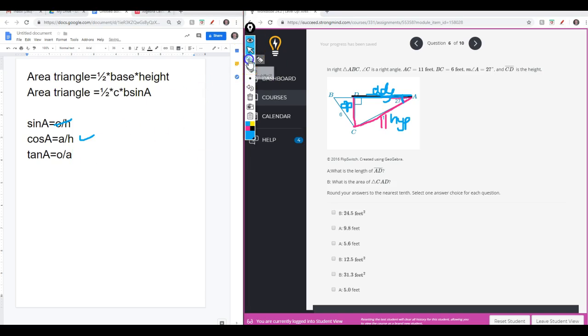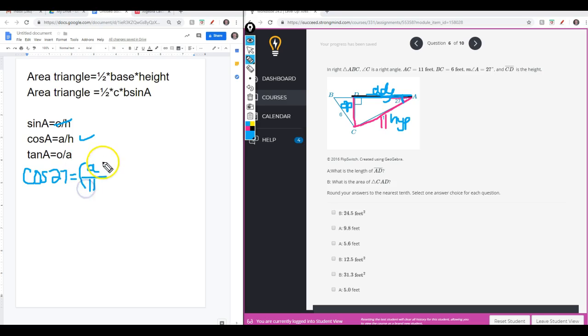So we have cosine of our angle, 27 degrees. Cosine of 27 degrees is equal to the adjacent side length, which I'm going to leave as a, divided by our hypotenuse, which has the length of 11. Now I want to solve for little a, which is being divided by 11.